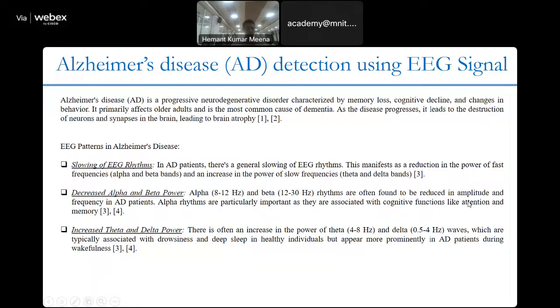They are found to be reduced in amplitude and frequency in Alzheimer's disease patients. Alpha rhythms are particularly important as they are associated with cognitive function, because your attention and memory are related.